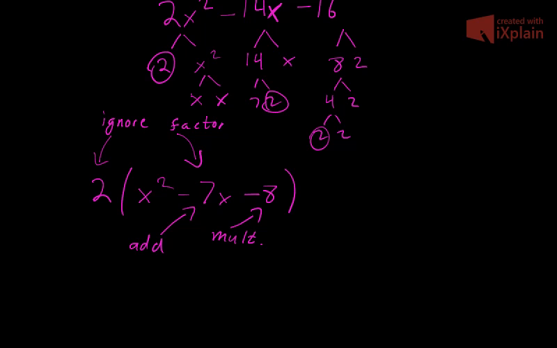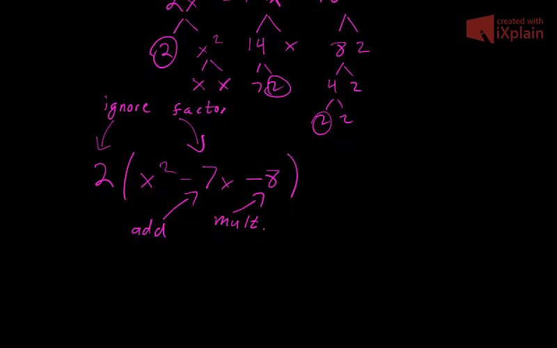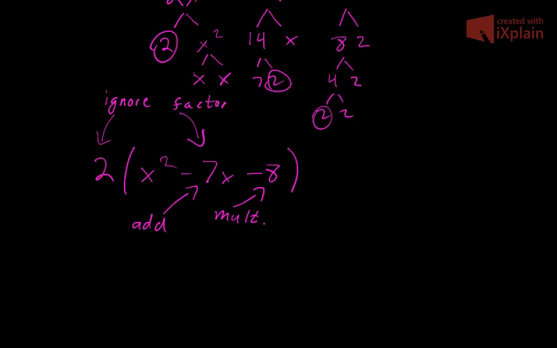If you guys would like to work that out on your own, please pause it now and go for it. I'm just going to give you guys the answer. Two numbers that multiply to negative 8 and add to negative 7 are going to be negative 8 and 1. So I'm going to end up with x minus 8 and x plus 1. And then I have to remember to bring my 2 down and have a 2 out front. And just like that, I am fully factored, ready to go.